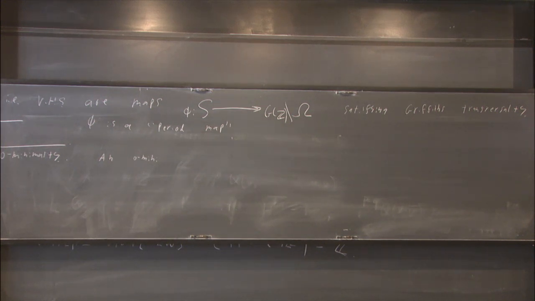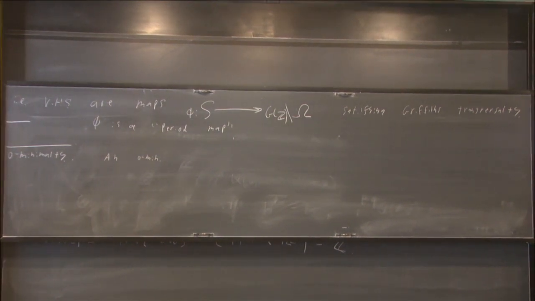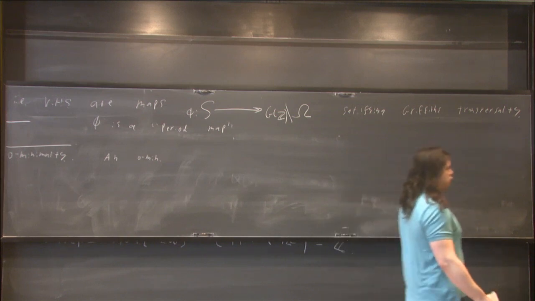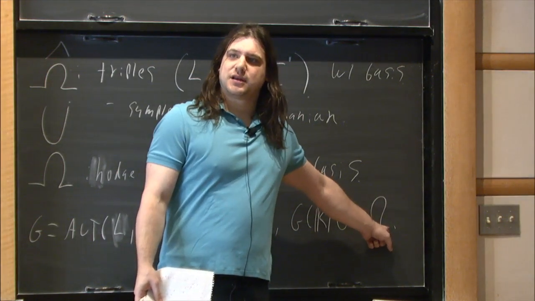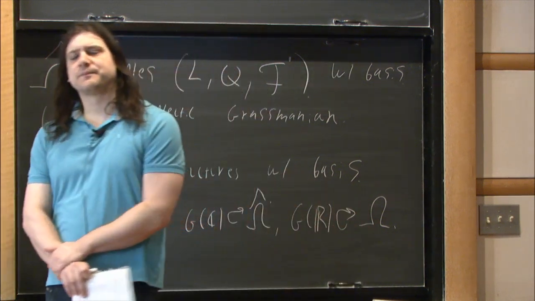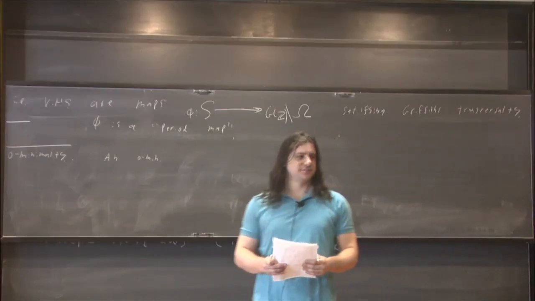Sorry, say that again? You know that GZ is big enough to make Ω mod GZ small. Yes, you do know that. This group acts transitively on Ω, and since it's semisimple, it's big enough.